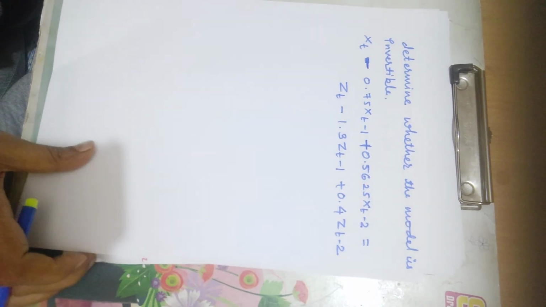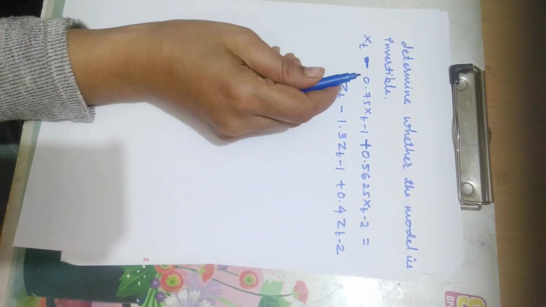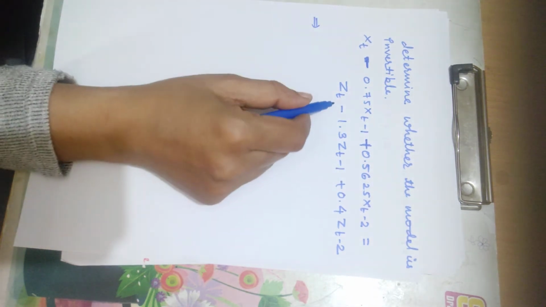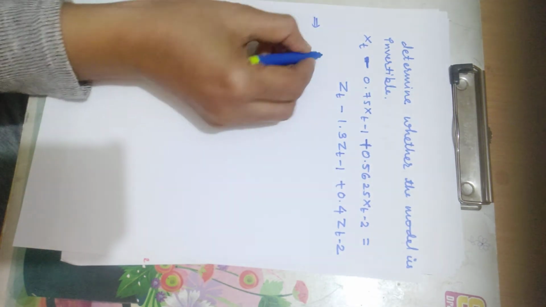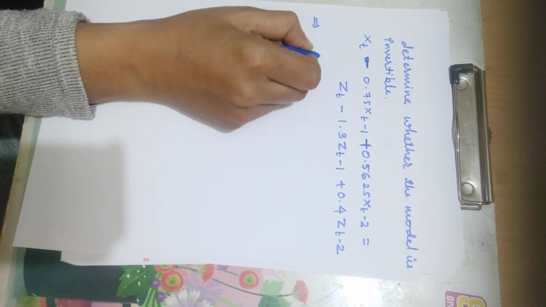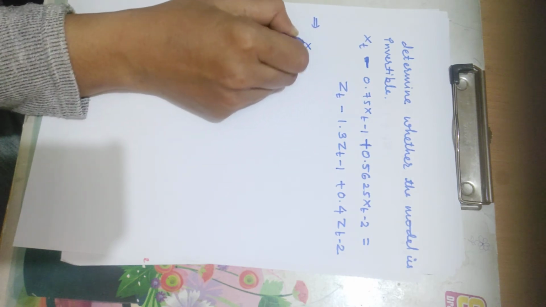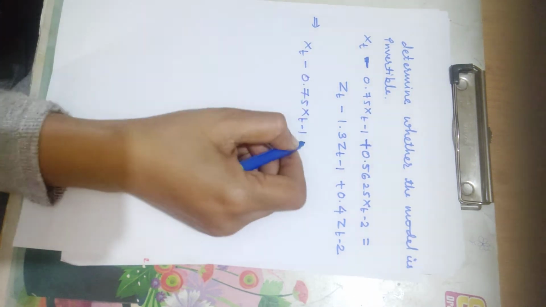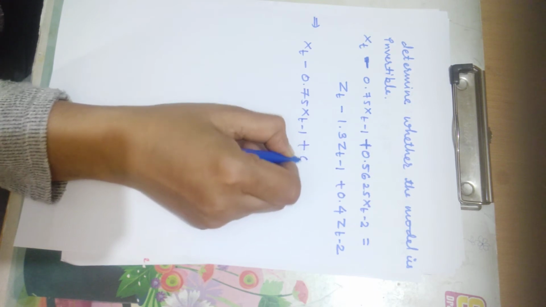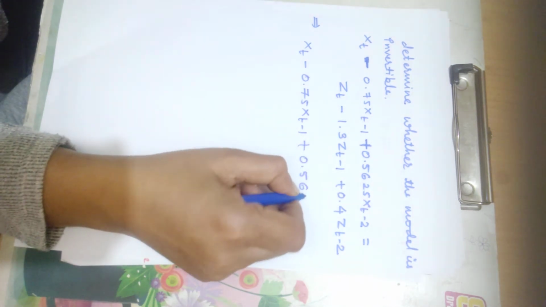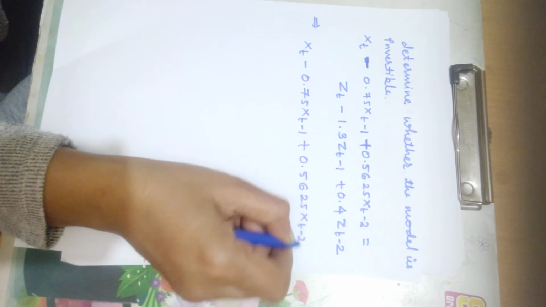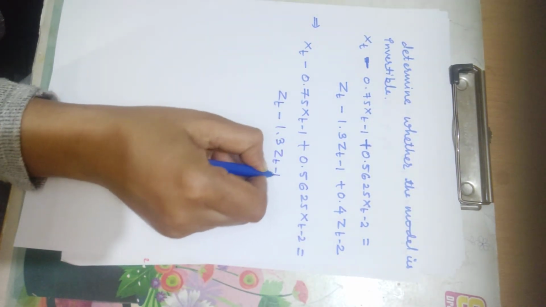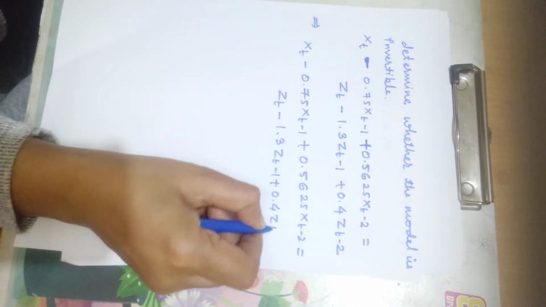Now we'll consider the next example. Determine whether the model is invertible or not. To check invertibility, we will consider only the zt terms, right? So rewriting this, xt minus 0.75 xt minus 1 plus 0.5625 xt minus 2 is equal to zt minus 1.3 zt minus 1 plus 0.4 zt minus 2.